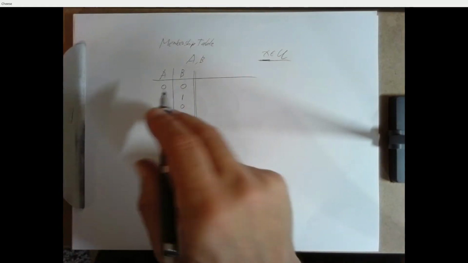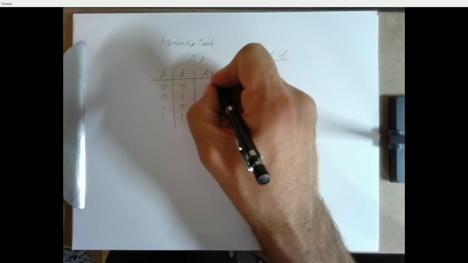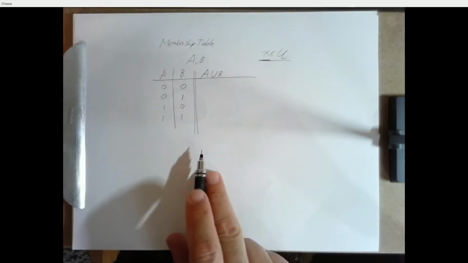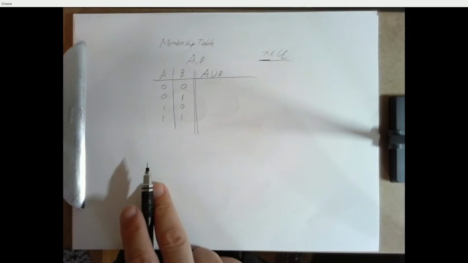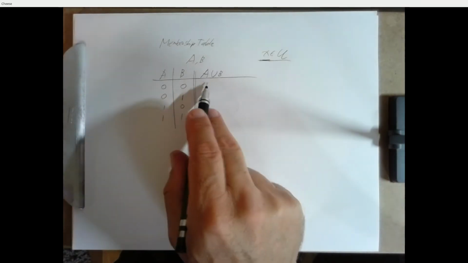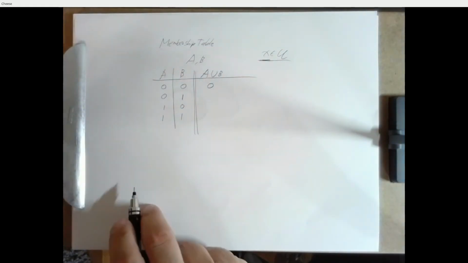Now suppose I have two sets A and B, and I think about the union of A and B. I can fill in this column of my membership table based on what's in these two columns. For example, if X is not in A and it's not in B, it cannot be in the union. So this would be a 0.